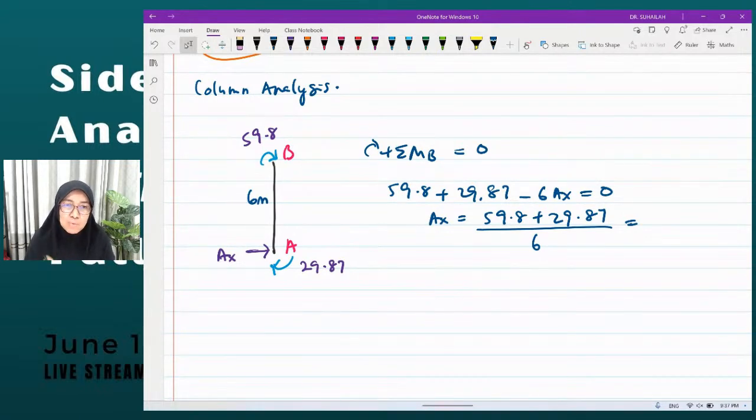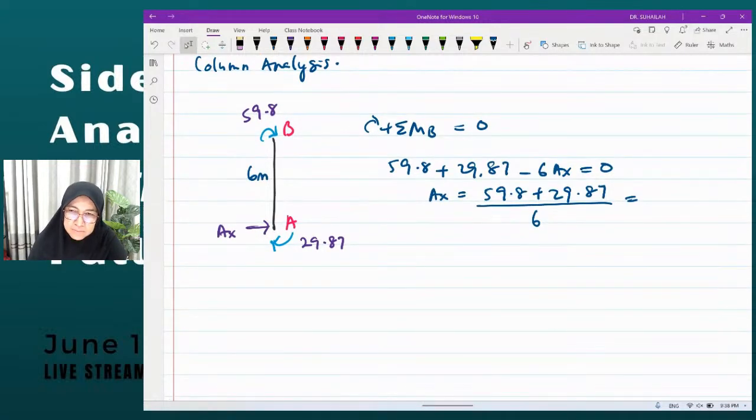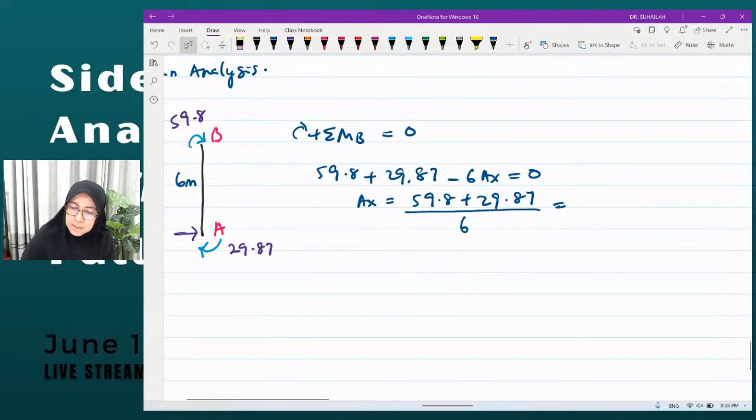We do this because we want to get the AX value. The answer is 14.945 kilonewton.